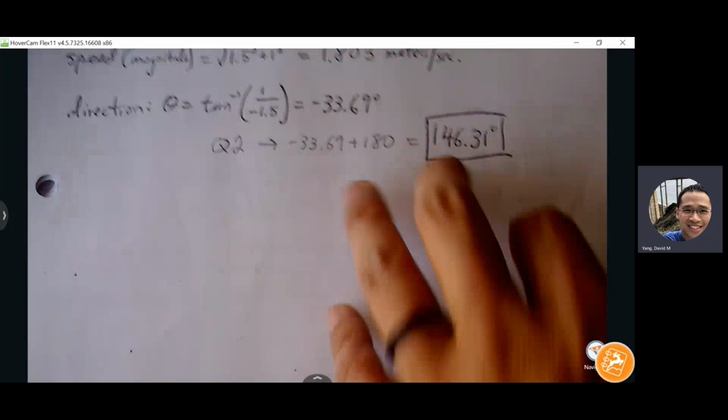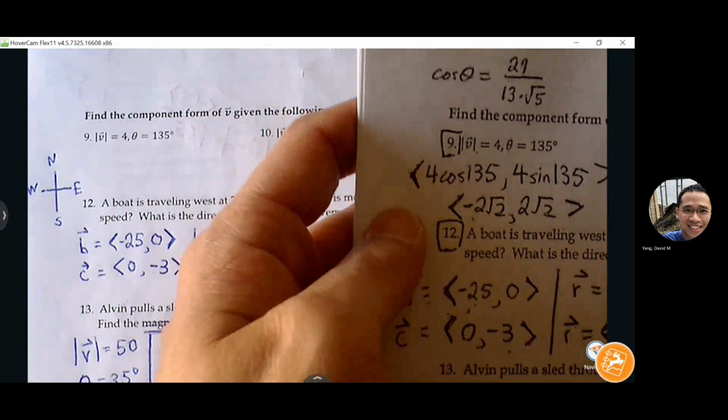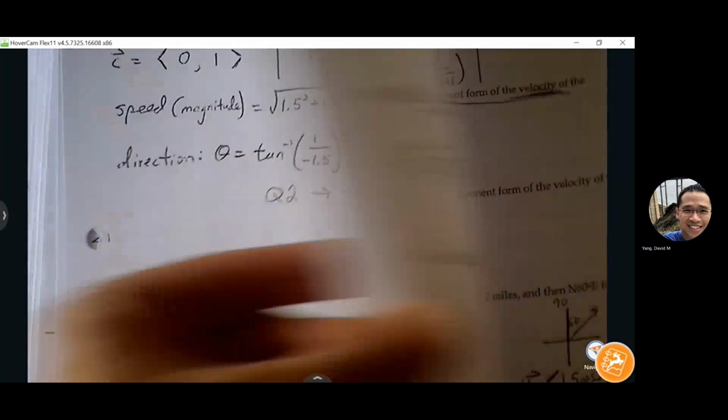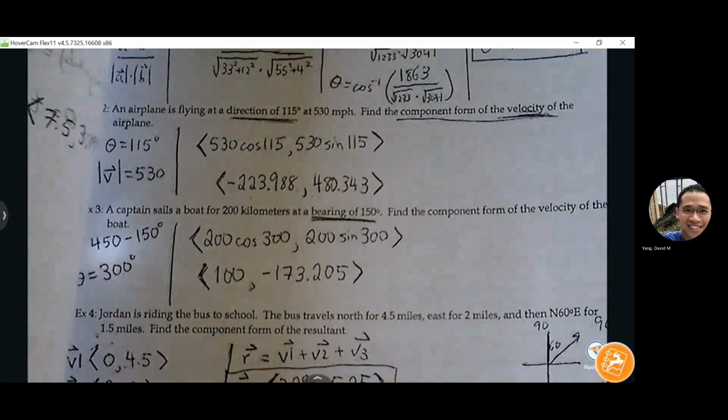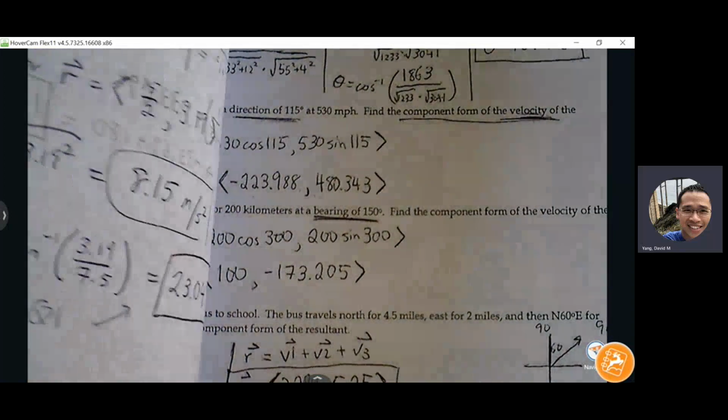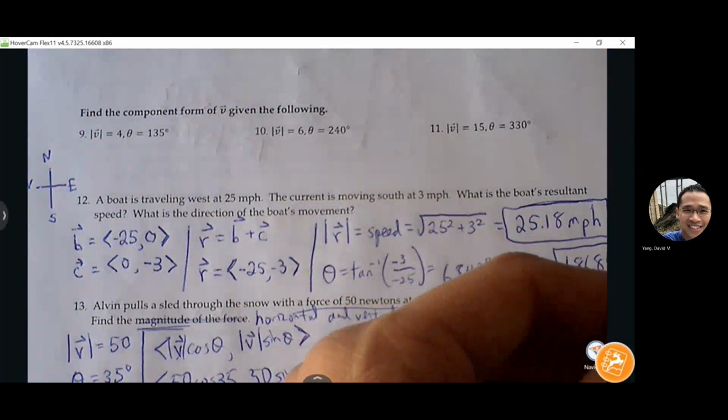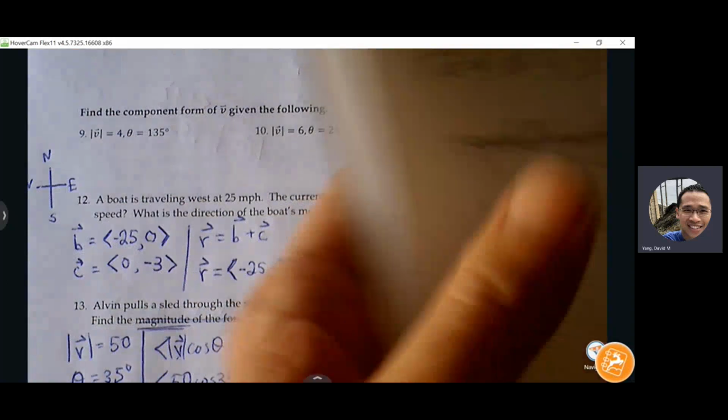So you can call this 15 and 16. 15, I made it similar to 12. And then 16, I made it similar to 13, just so that you can get some practice.